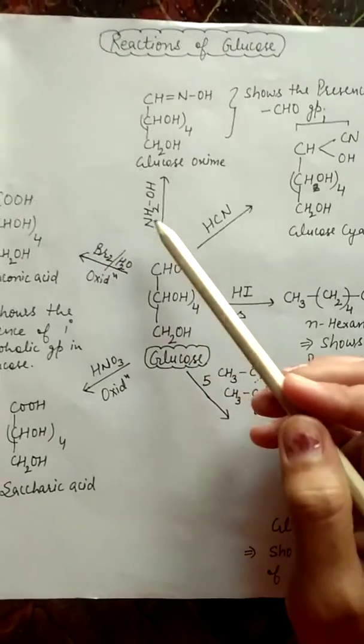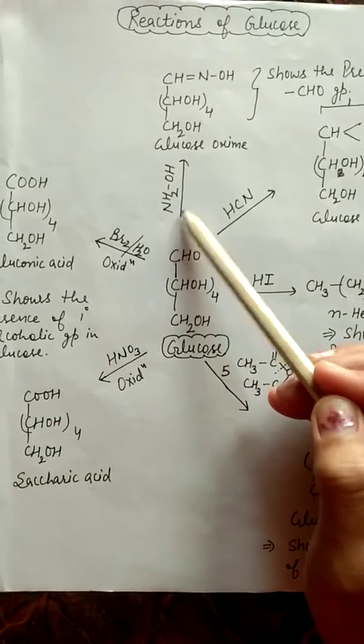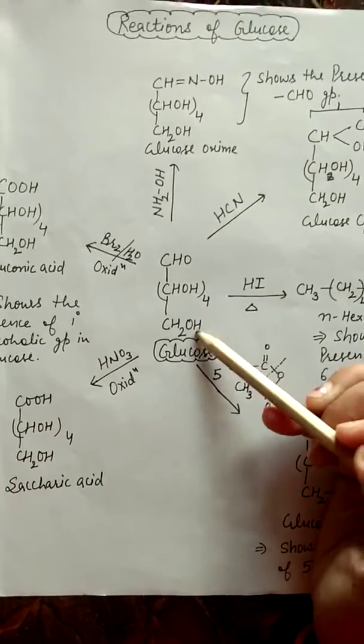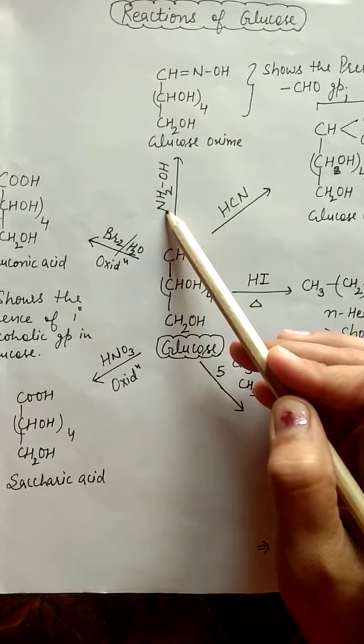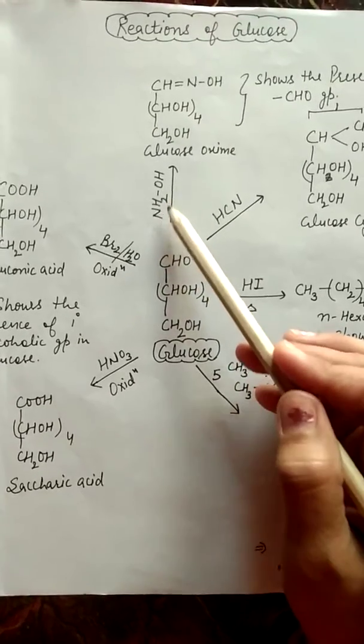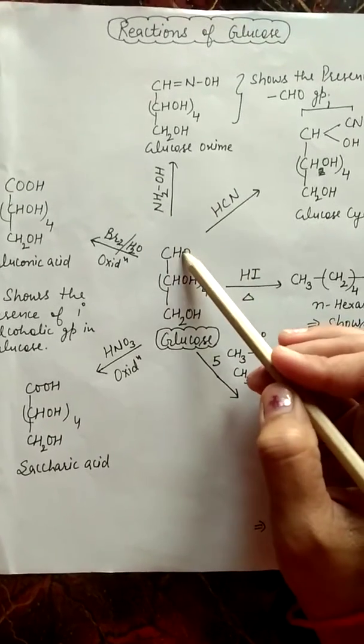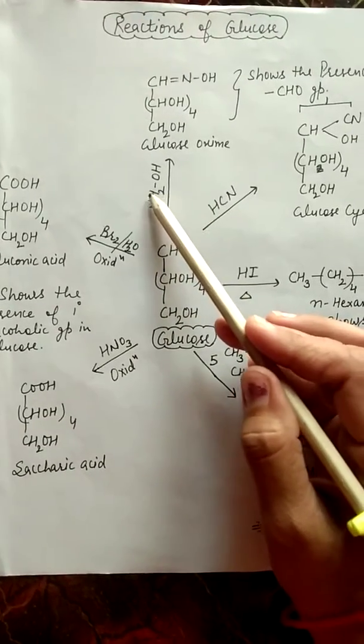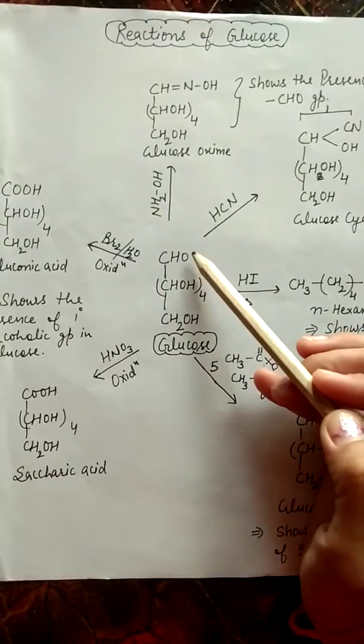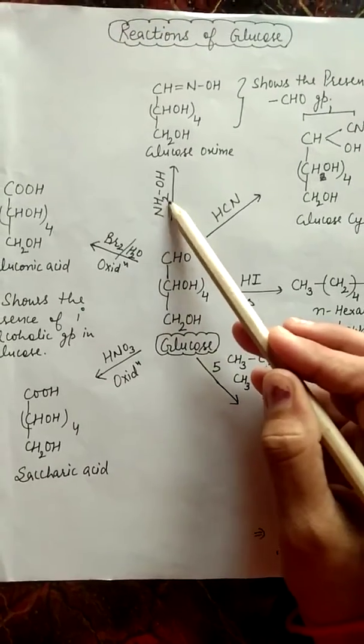Now the third reaction. When glucose reacts with hydroxylamine, it releases a water molecule, H2 from here and oxygen from here, H2O.